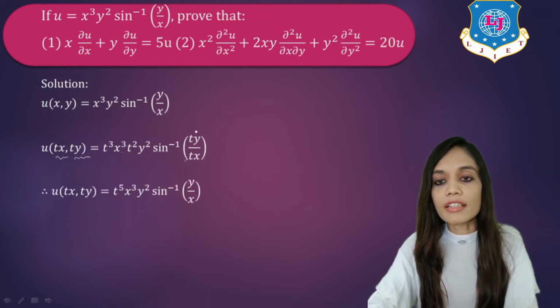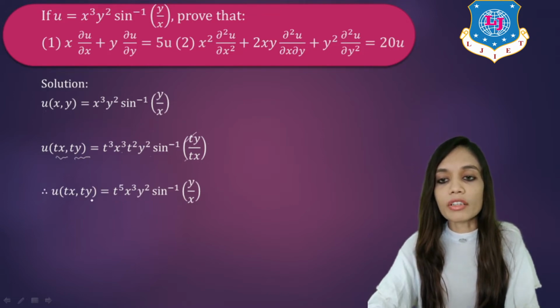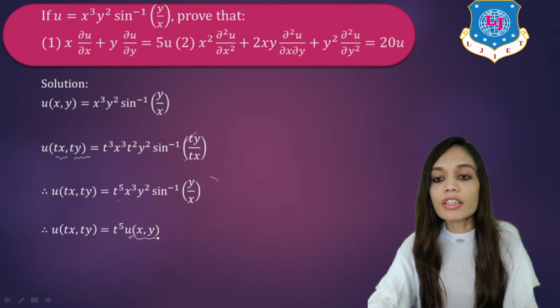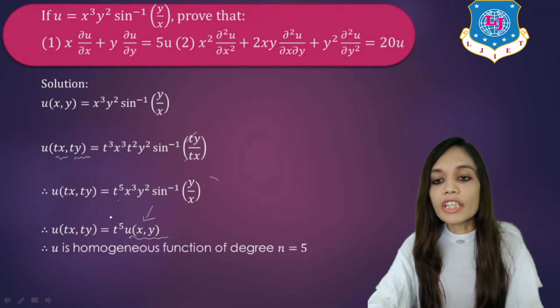This t will get cancelled out. So finally you will get u of tx comma ty is equal to t raised to 5 x cube y square sin inverse y by x. Now you can see this is our given function. So we can say that u is a homogeneous function of degree n is equal to what?